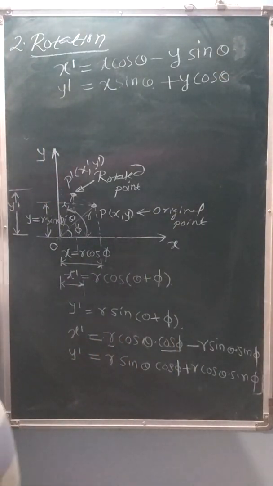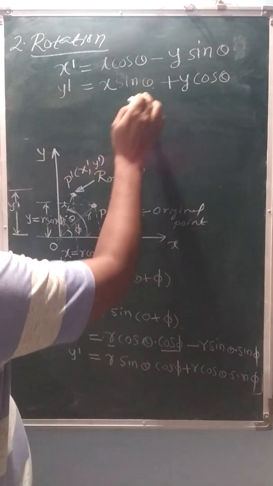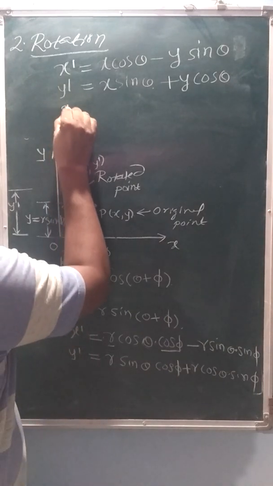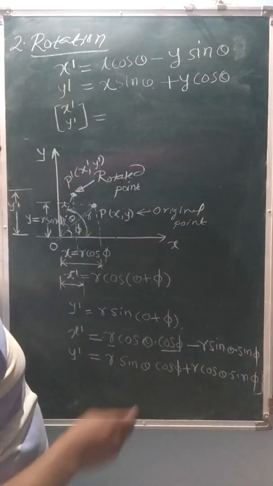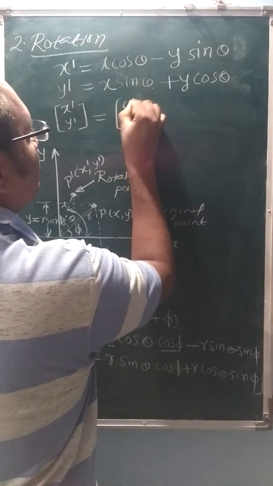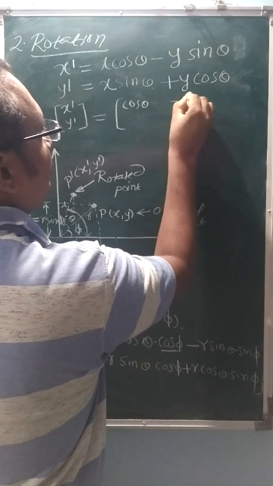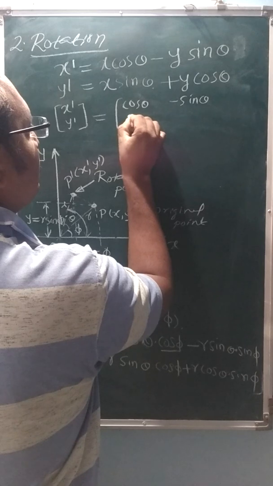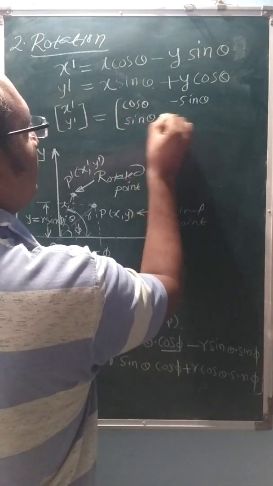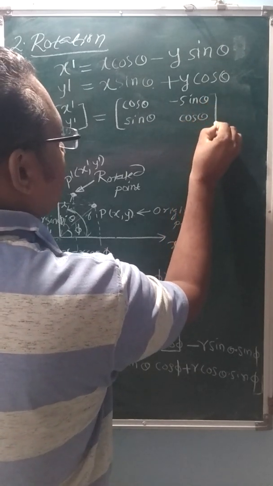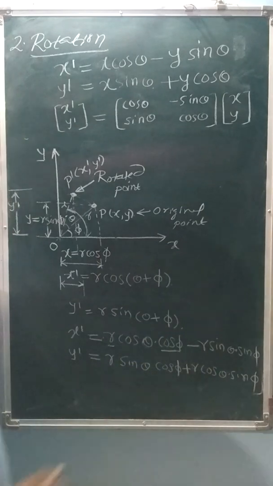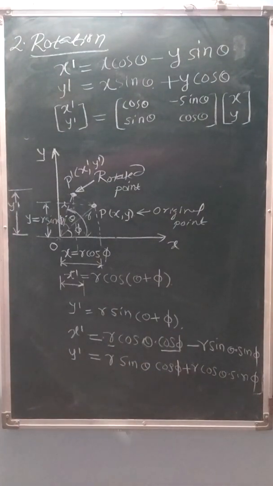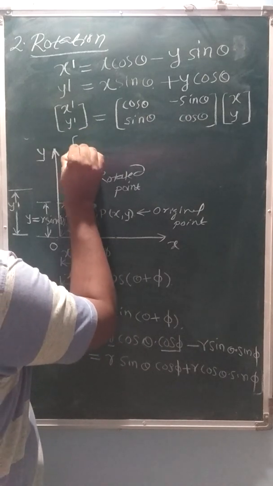As per our regular method, we can write these two equations in matrix form: x dash, y dash equals the matrix cos theta, minus sin theta, then sin theta and cos theta, times the second matrix, x and y. This particular point we can write as P dash.